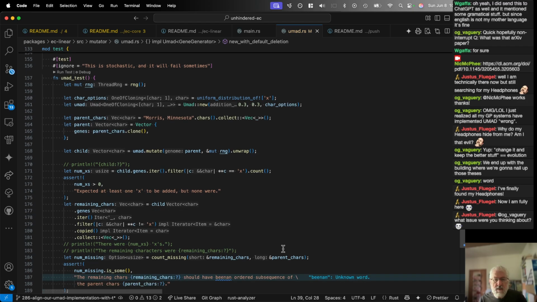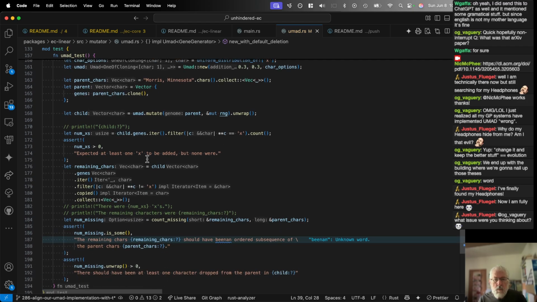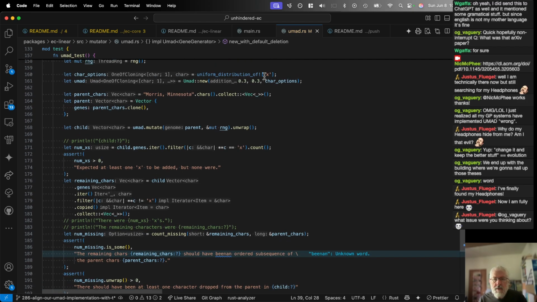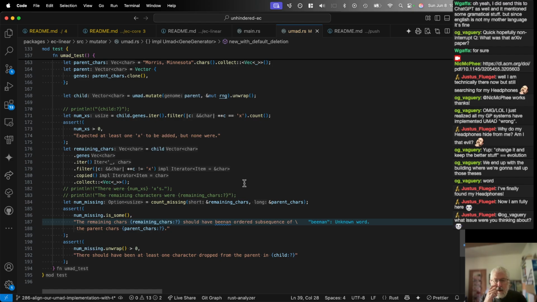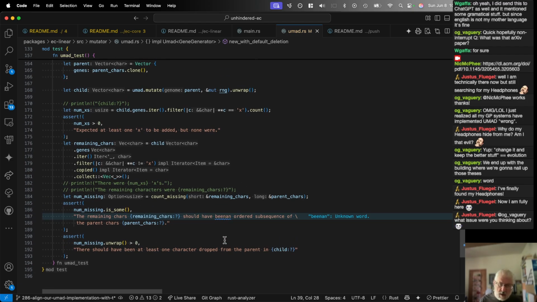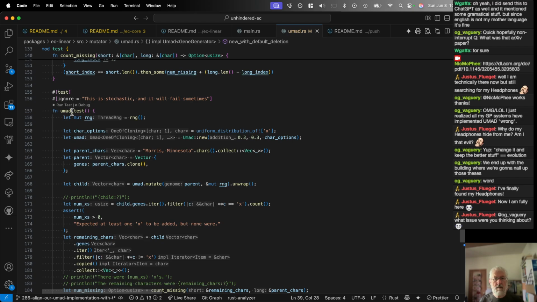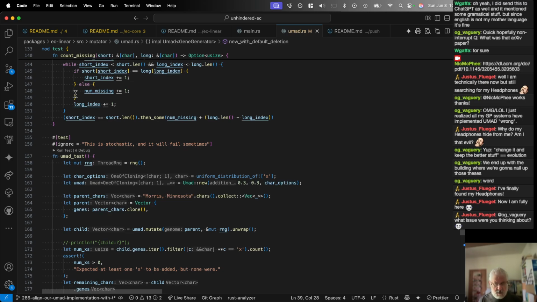So I was just checking that with fairly high addition and deletion rates that we would add at least one, and that we would delete at least something. But that can fail because statistics, and we run the tests a lot in the CI chain. So that's why I think Justus ignored that, which is entirely reasonable. Okay, so there's not really anything useful on the test front there.